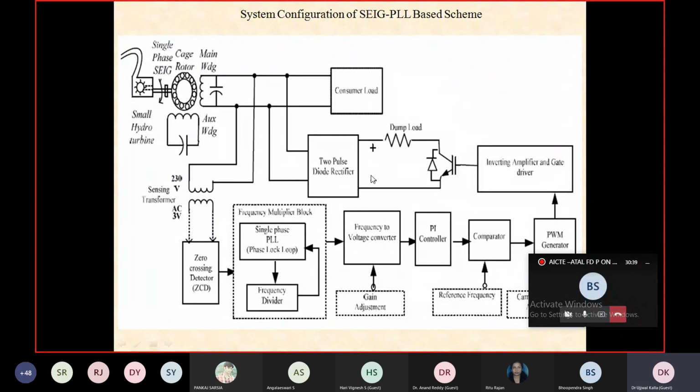in the output of the 2-pulse diode rectifier. Earlier, people were using a big size capacitor in the output of this 2-pulse diode rectifier. A single phase rectifier is inherently a linear load.